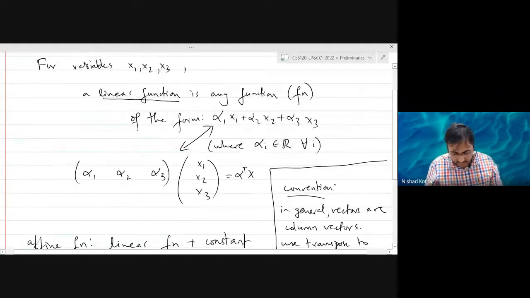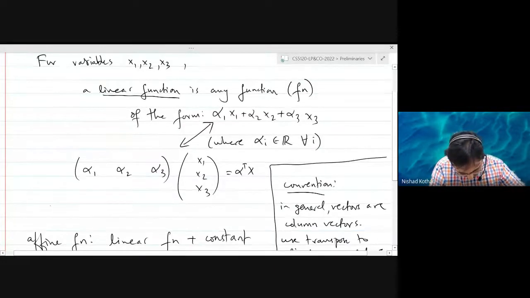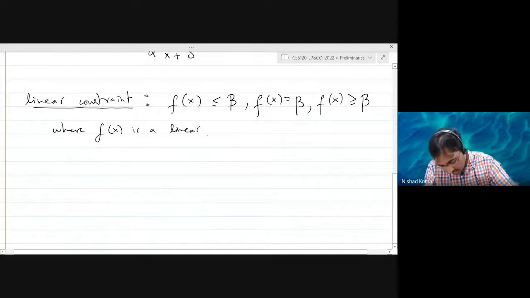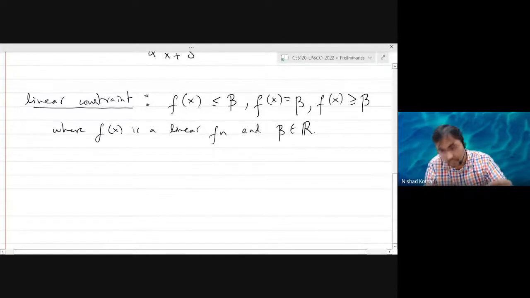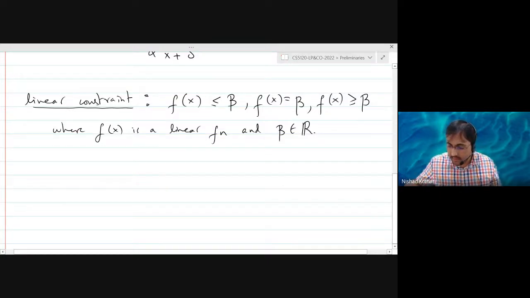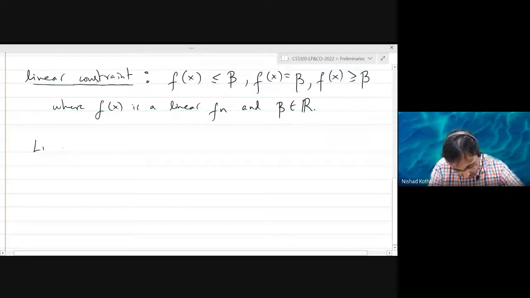We noted that here x is our vector x1, x2, x3. So it's a linear function, and beta is any real number. Okay, so these are the three types of constraints we are going to allow: less than or equal to, greater than or equal to, or equal to. Okay. And finally, the most important thing, what is a linear program?